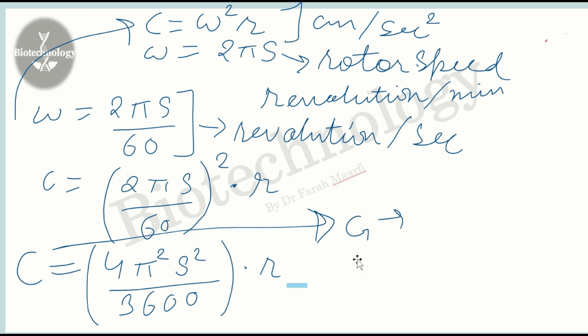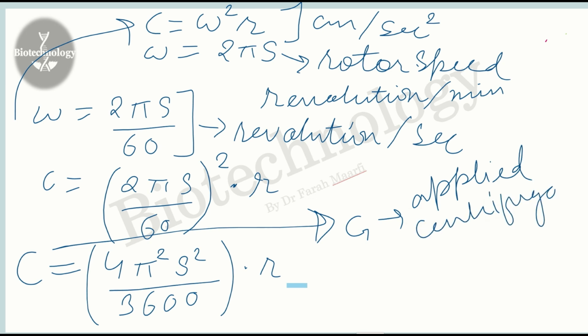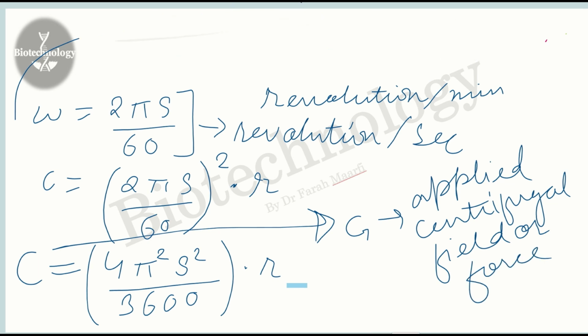In several books this centrifugal acceleration C is also represented with G, and this is actually the applied centrifugal field, or sometimes also called the applied centrifugal force. Let's suppose you divide this G by the gravitational constant small g, then the whole expression becomes RCF.